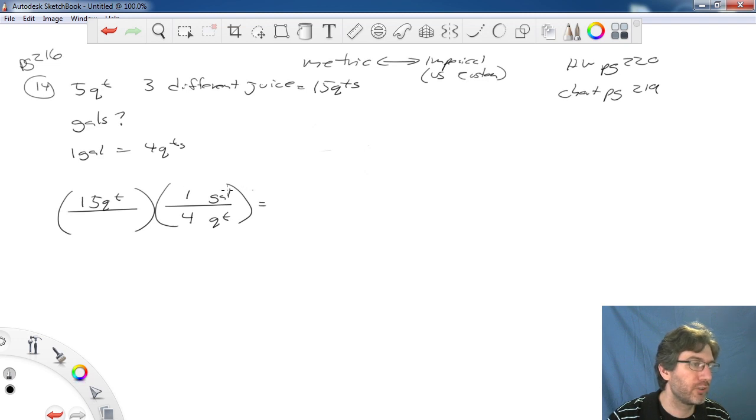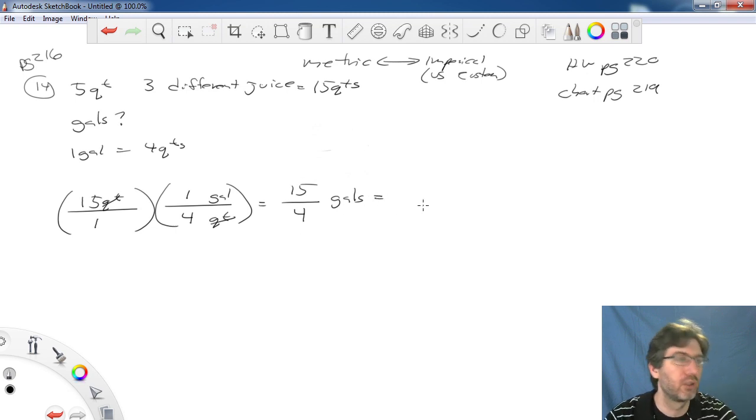So we're going to solve this. You're going to get quarts to cancel. There's technically a 1 here. 1 times 15 is 15. 1 times 4 is 4. So it is 15/4 gallons. However, this gets reduced down to 15 divided by 4. You can leave this as a fraction. You can ask, how many times does 4 go into 15? Well, there's 3 and 3/4 left.